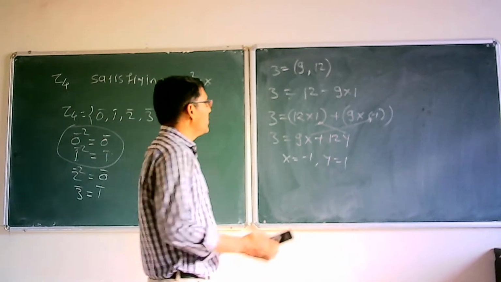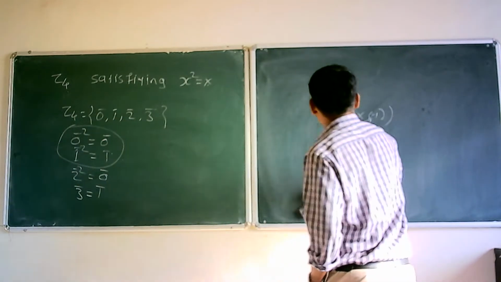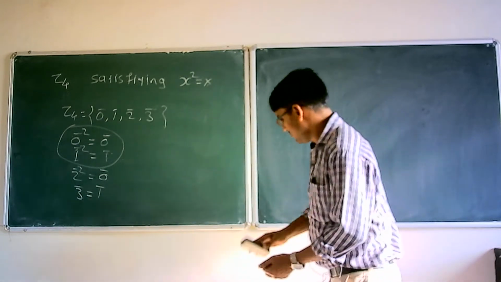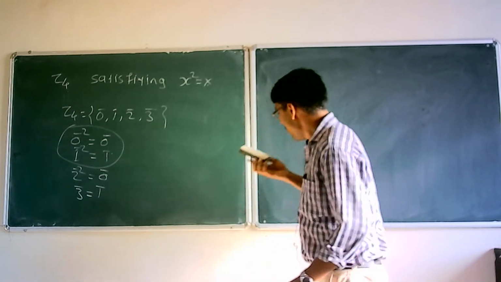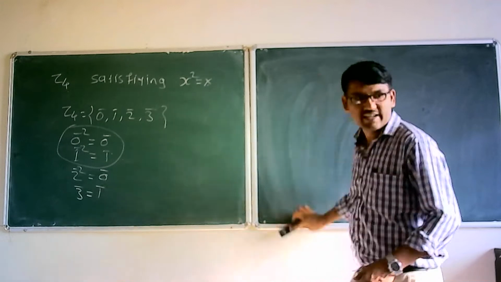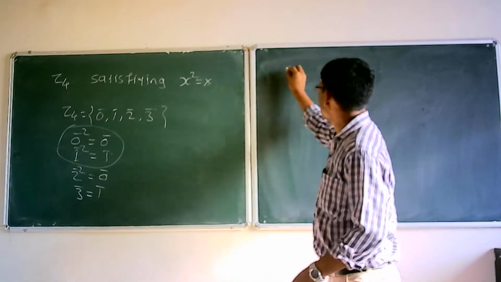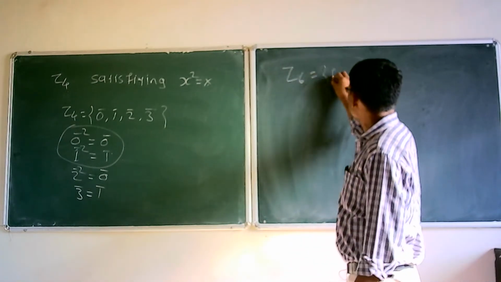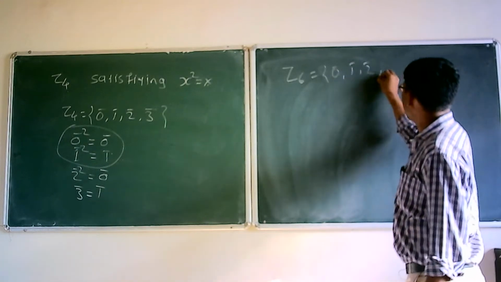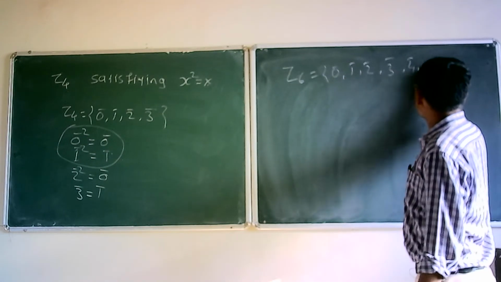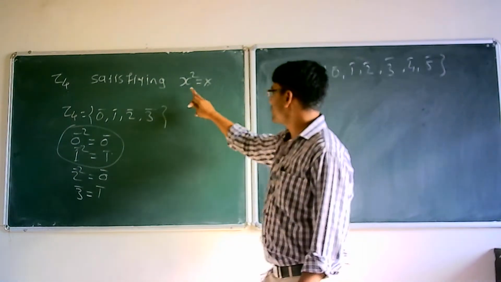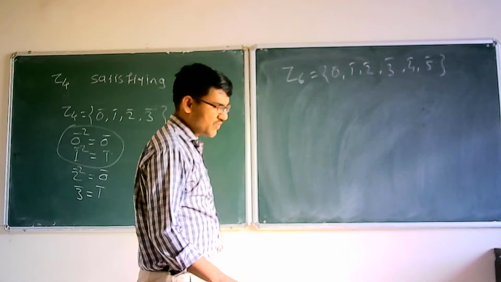Take one more example. How many elements from Z6, that is 0 bar, 1 bar, 2 bar, 3 bar, 4 bar, 5 bar, satisfy x bar square is equal to x bar?